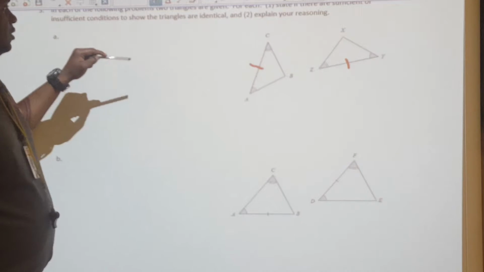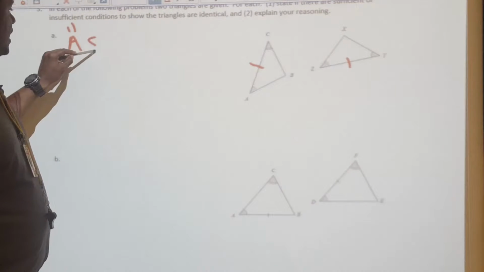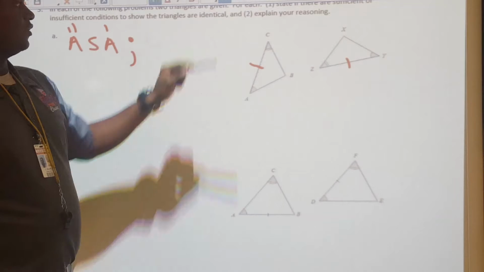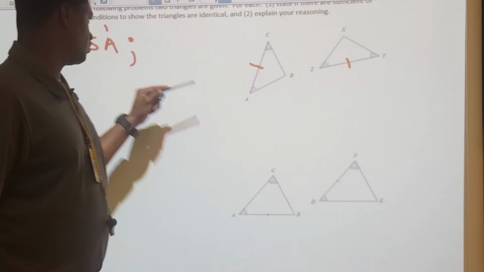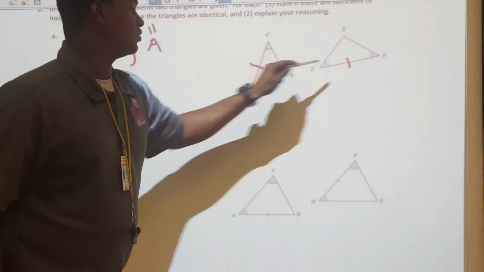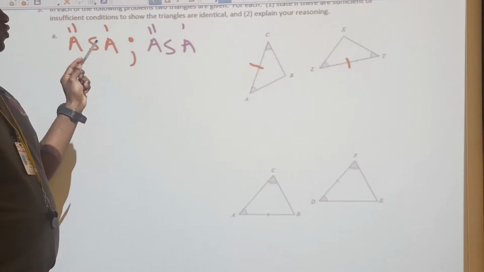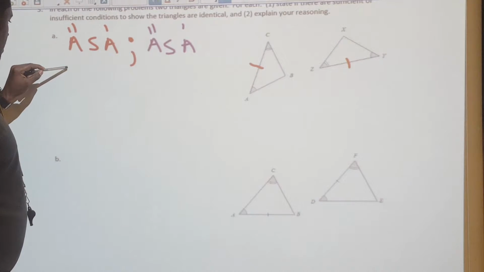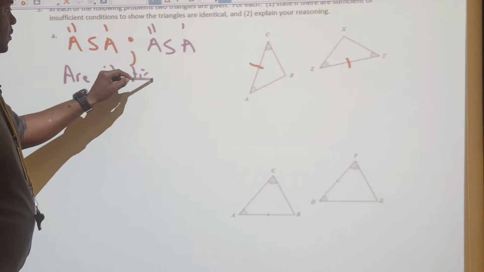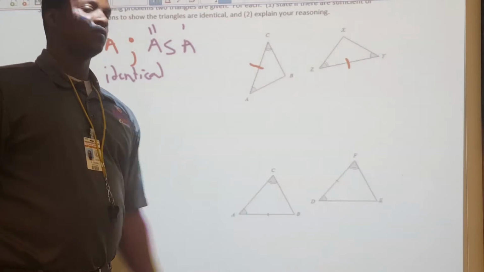We have an angle with two lines, then we have a side, then we have an angle with one line. Then take a look at our other triangle. Again, we start off with an angle with two lines. We have a side, which is a base, and we have an angle with one line. So these two triangles are identical because of angle, side, angle. Angle, side, angle, and angle, side, angle are all the same.